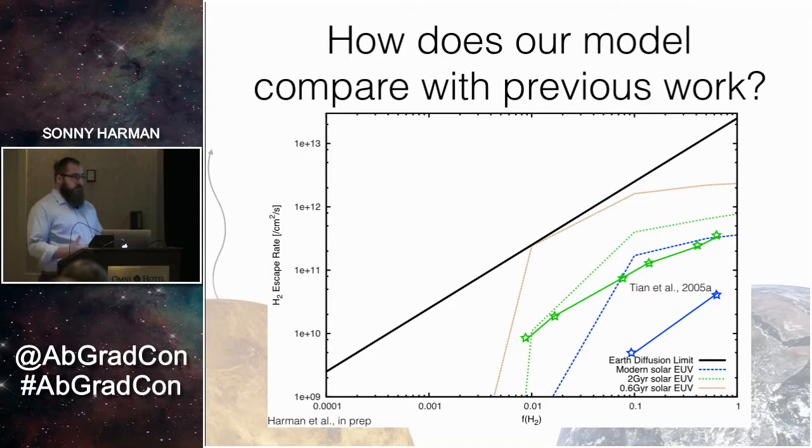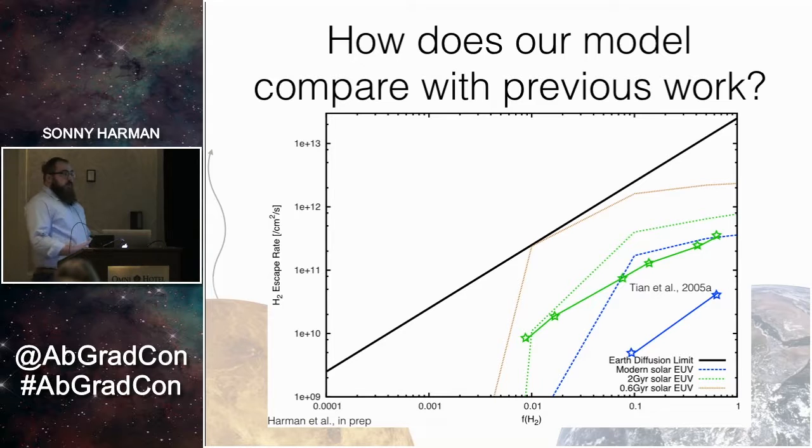And so if we use this model to explore the parameter space for the Earth, which is always a good place to start since there's a lot of literature on it, we see that the model reproduces fairly well, to within a factor of 2 or 3, results from the literature for the Earth.